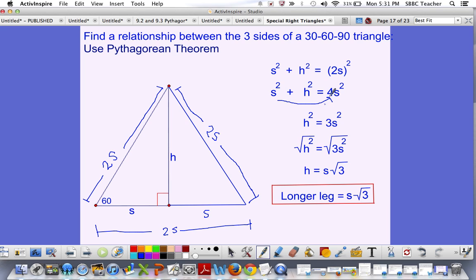We square root that and we get h equals the square root of 3s squared. Well, s squared comes out of the radical as s. 3 stays inside the radical, so our height is s radical 3. So the length of this side is s radical 3, which also happens to be the longer leg in the 30, 60, 90 triangle.